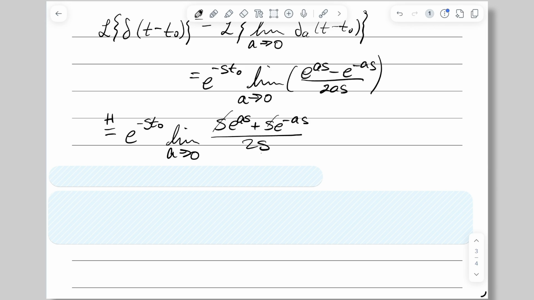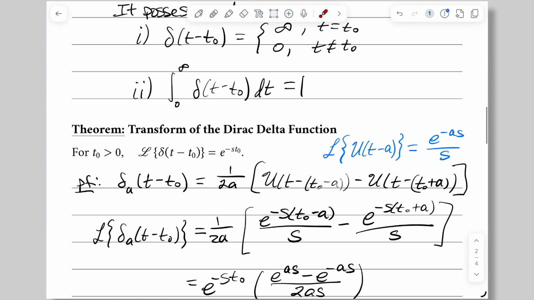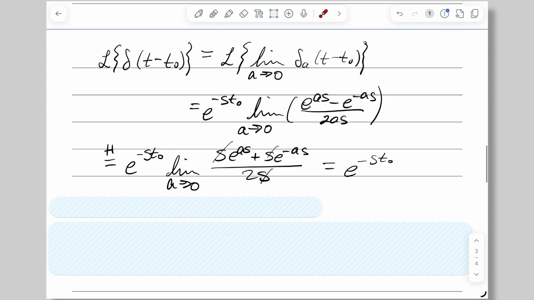The s's all divide out. As a approaches 0, the numerator approaches 2, so the 2's divide out, and we're left with simply e to the negative s t sub 0, which is exactly what we expected.